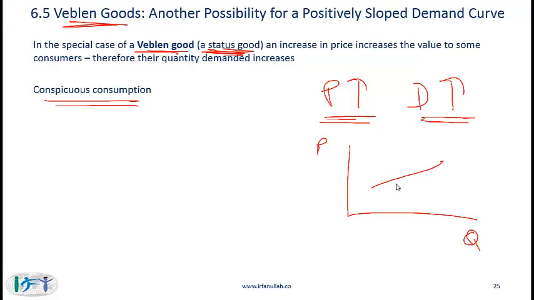For example, we just established that with a Giffen good, the income effect is negative. In other words, if the income goes up, the quantity demanded will actually go down, whereas with a Veblen good, that is not the case. Generally, here with income going up, the quantity demanded will also go up.